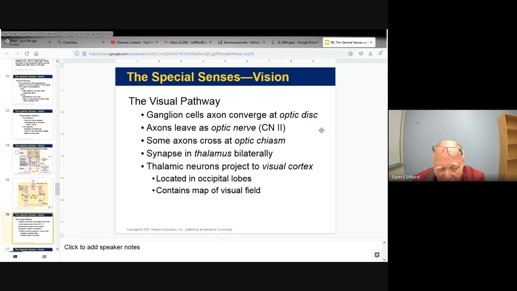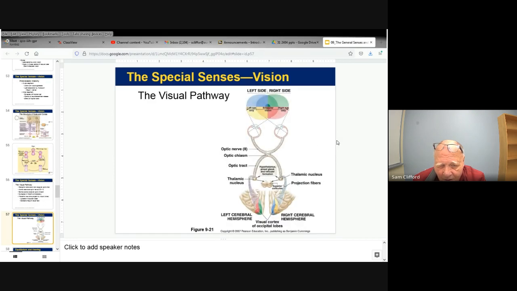So how does this information from the rods and cones get to the visual cortex? So you're going to have the eyeballs with the optic nerve, the optic chiasm, the optic tract, and relayed by the thalamus and then into the visual cortex in the occipital lobe.